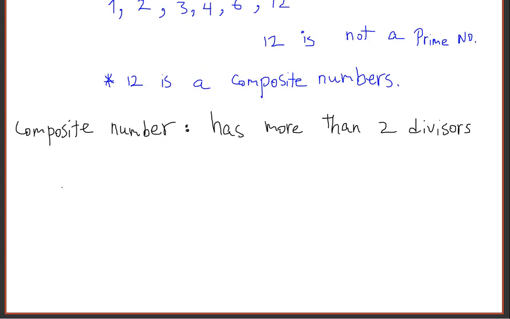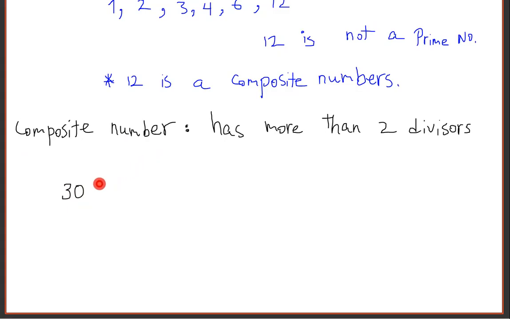Okay, let's do some examples again. For example, the number 30. We want to know if it is a prime number or a composite number. Can you tell me?